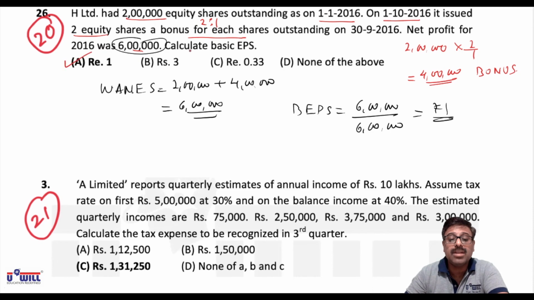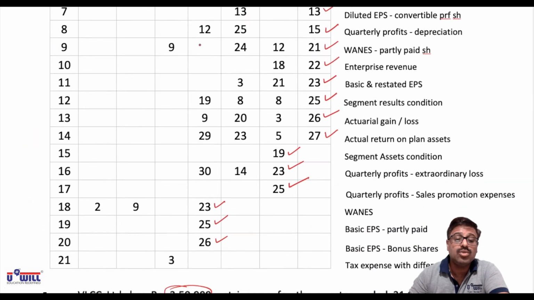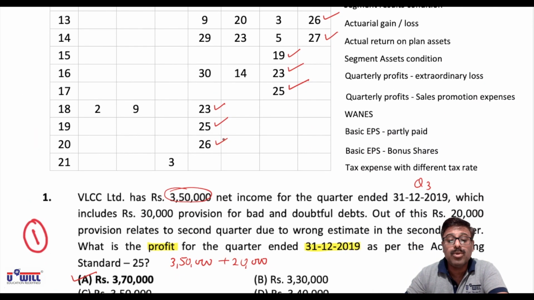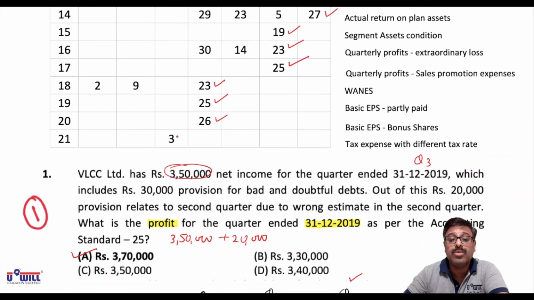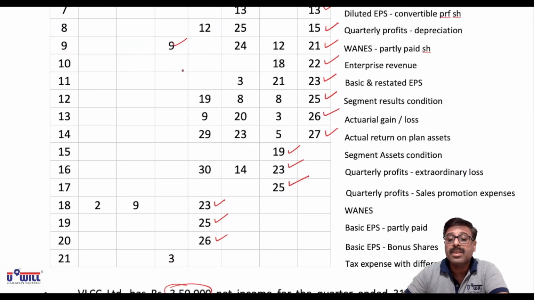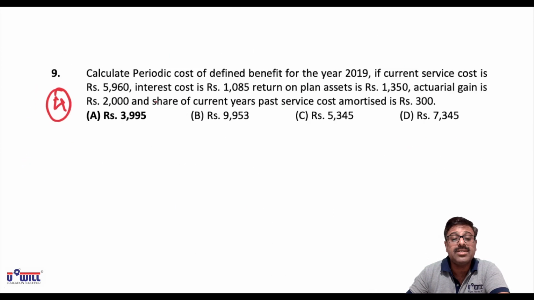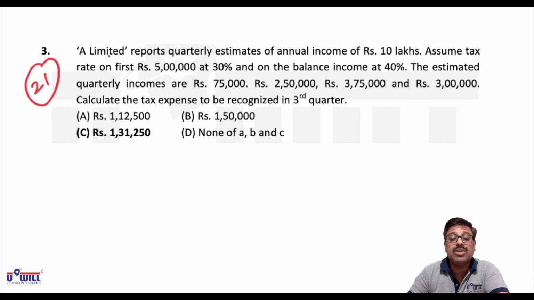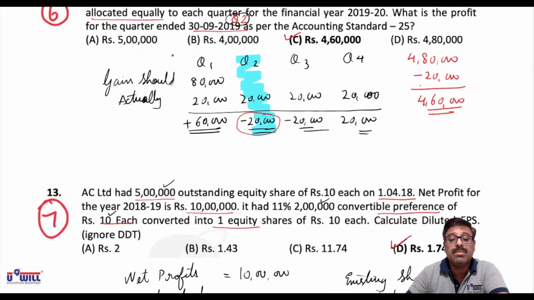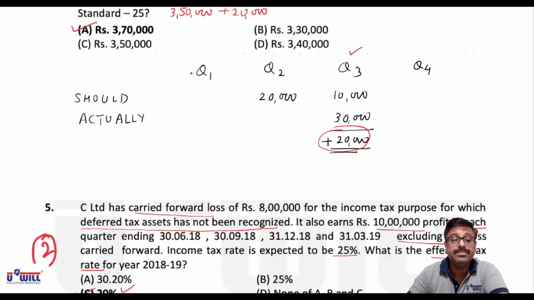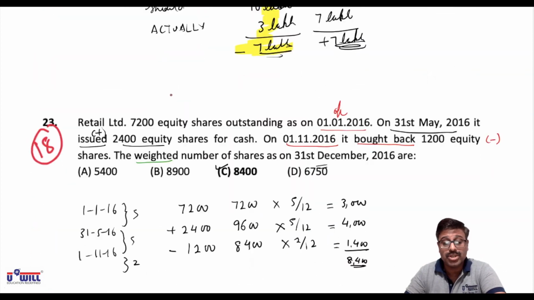Similar to this question number 26 also, there is no other question. And last is February 2016. February 2016's question 3, which is on tax expense with different tax rate. Last question, 21st variety.